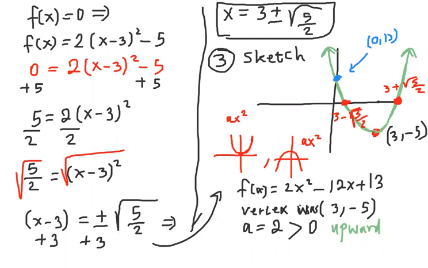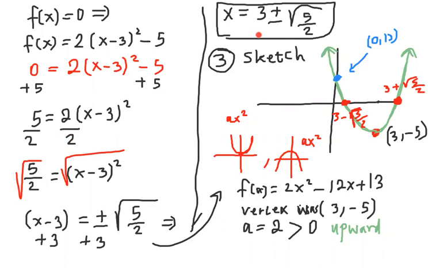If we go back to the x-intercept by setting y equals 0, or f of x equals 0, we solve the equation: 0 equals 2 times (x minus 3) squared minus 5. We add 5 to both sides. So we get x equals 3 plus or minus the square root of 5 over 2.